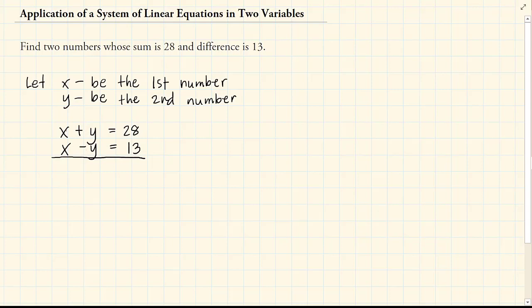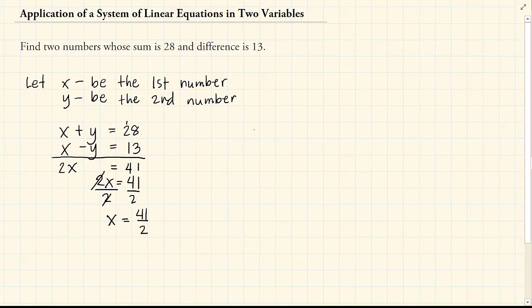So if we add the two equations together, we have 2x is equal to 41. We divide both sides by 2, and we come up with x is equal to 41 over 2.